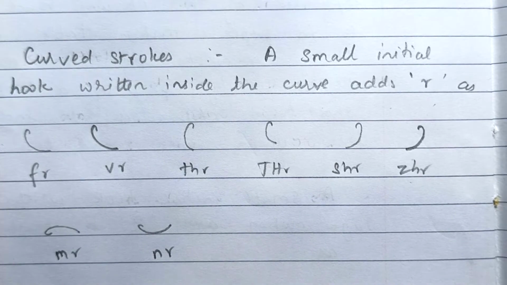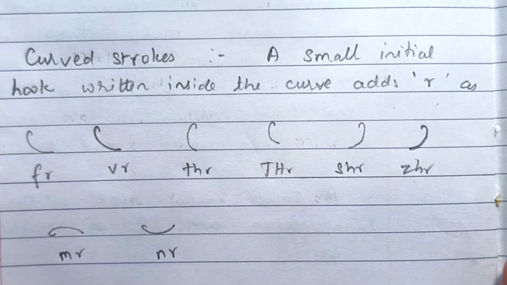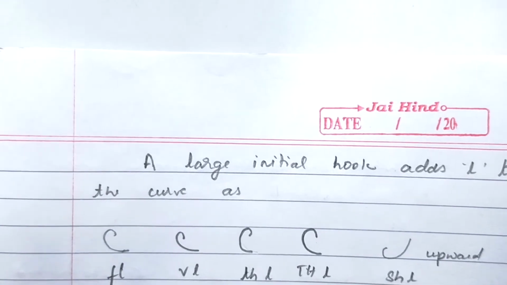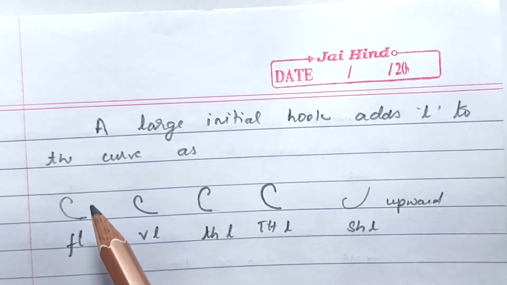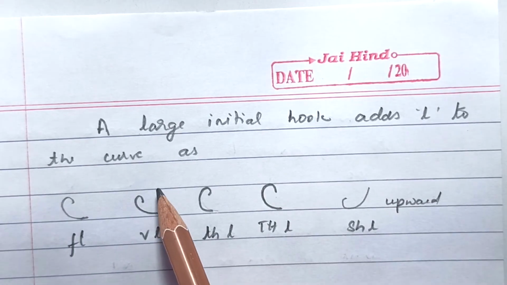And if we want to add L, then what is the concept? How are we going to add L to the curved strokes? Here is a small definition: a large initial hook adds L to the curve.